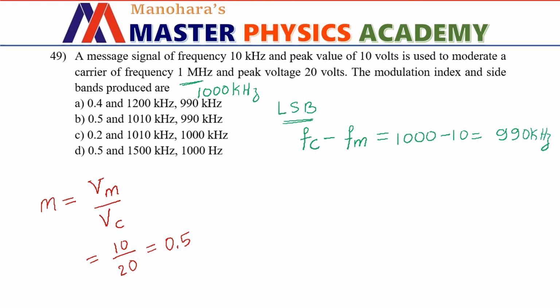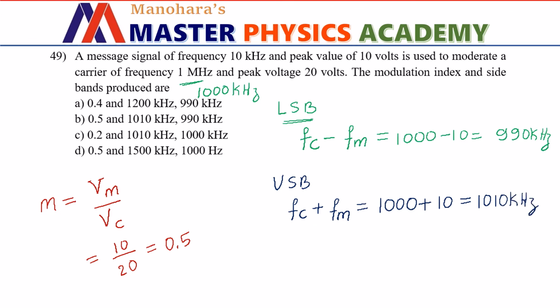And for the upper sideband frequency, we have the formula carrier frequency plus message signal frequency. Carrier frequency is 1000 kilohertz plus message signal frequency 10 kilohertz. Adding these two, we get 1010 kilohertz. Therefore, the correct option in this case is option B.